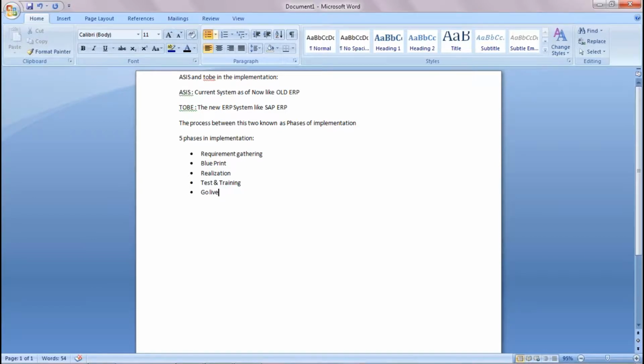Once it is released to all end users, they start using the system, and side by side they keep building the system for different modules. A small project takes a minimum of 9 to 12 months.